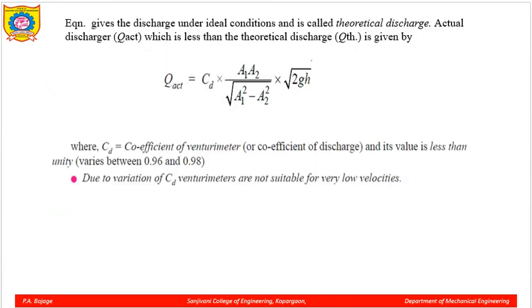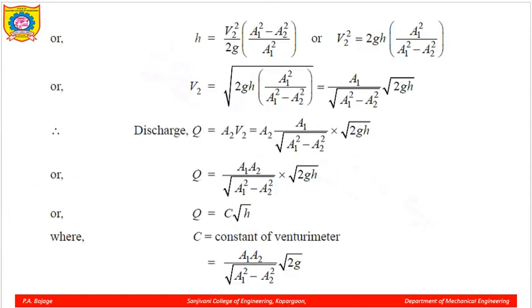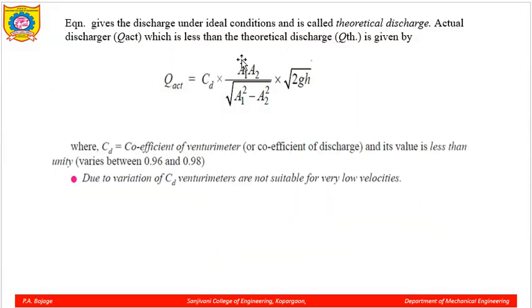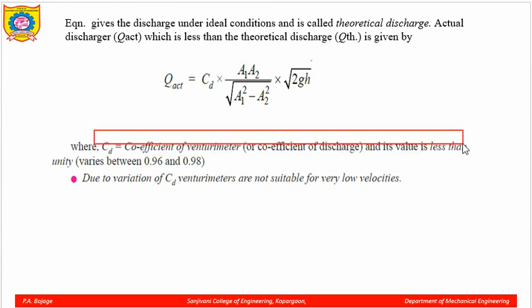This equation basically gives you the theoretical discharge. Now, to find actual discharge, we have to introduce a coefficient of discharge, called the coefficient of venturimeter, that is the CD value, which is in the range of 0.96 to 0.98.